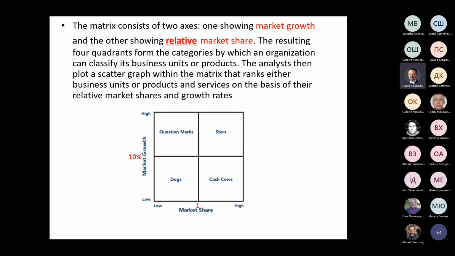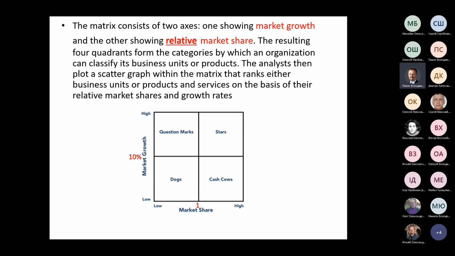In this matrix, you can see two axes, two dimensions. The first is relative market share, and the second is market growth rate.